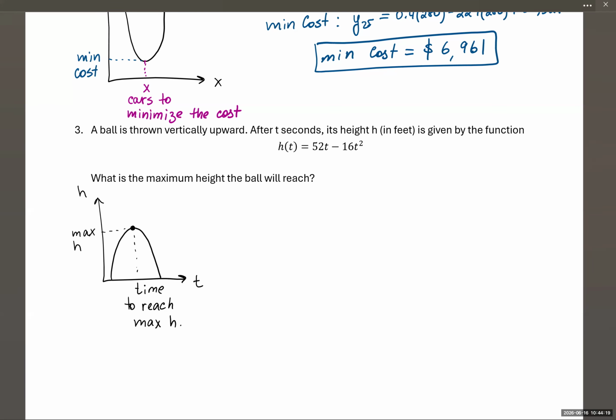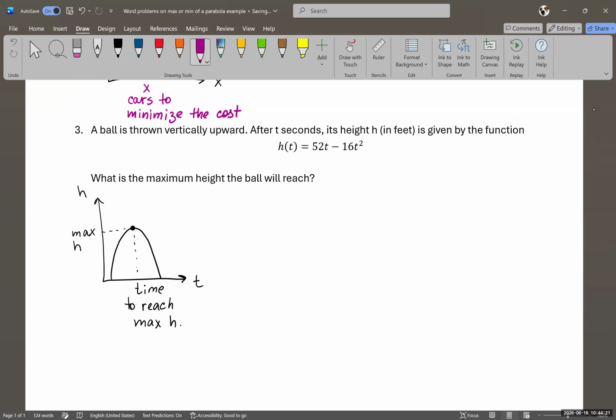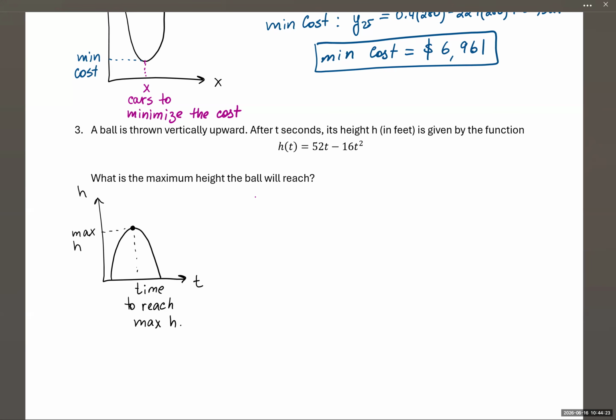All right, now we cannot find maximum height until we find time to maximum height. So let's start with time. t equals minus b over 2a. This function is not in standard form, so look at it closely. b is 52 and a is negative 16.